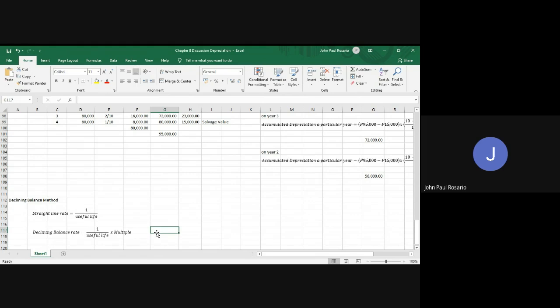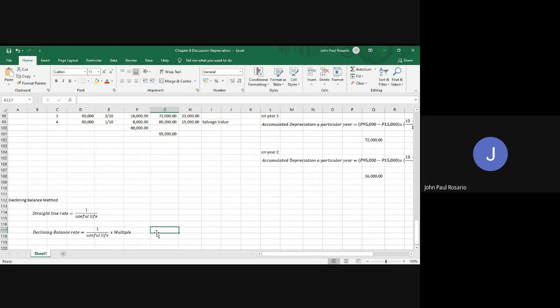That's why it's called a declining balance method. It's just that for declining balance method, the basis for depreciation is not the depreciable value, but the beginning book value.